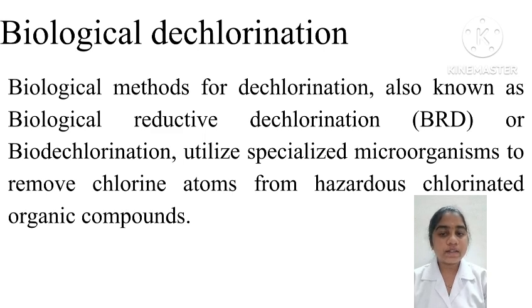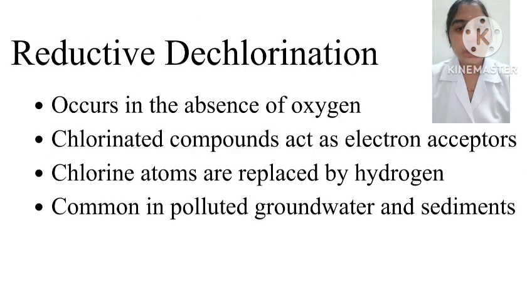chlorine-containing compounds as part of their metabolic process. Unlike chemical dechlorination, no reducing chemicals are added. Instead, living microbes carry out the reactions. Reductive dechlorination is the most important biological pathway.